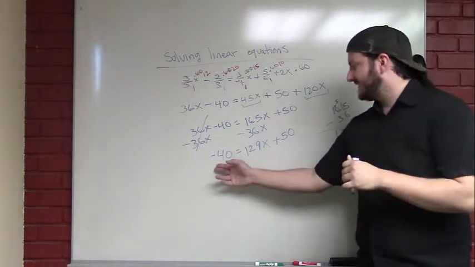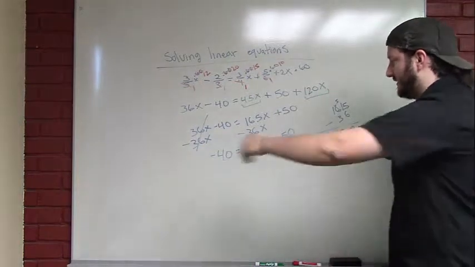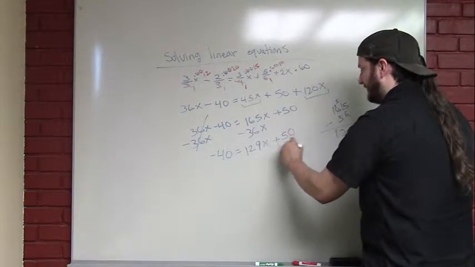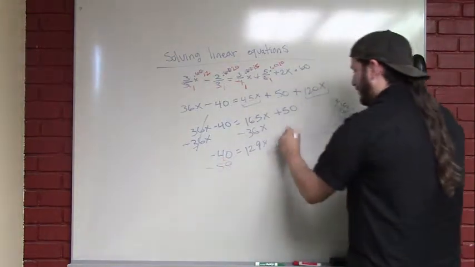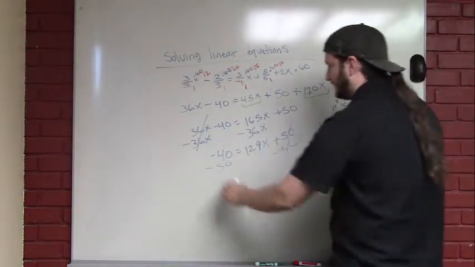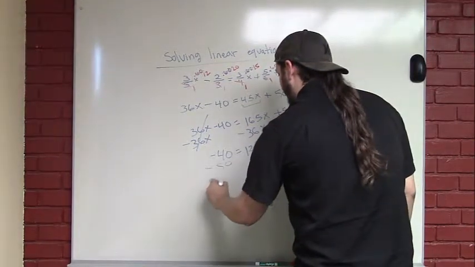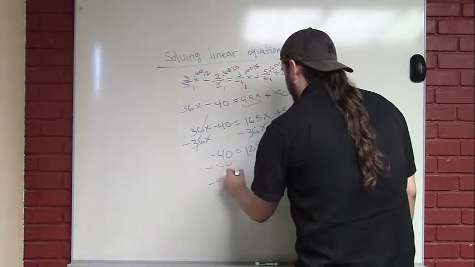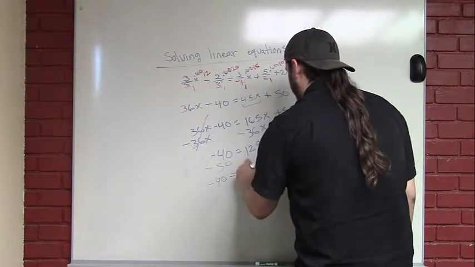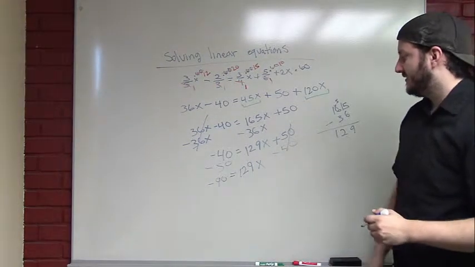So we got this, right? So again, you're just solving for x. So you're going to subtract 50, subtract 50. That guy cancels. Negative 40 minus 50 is going to be negative 90. That's going to equal 129x. Okay?